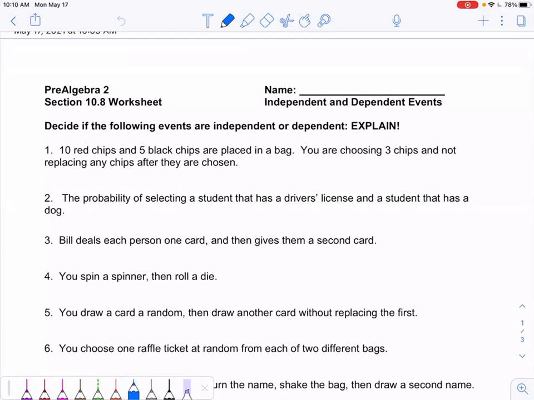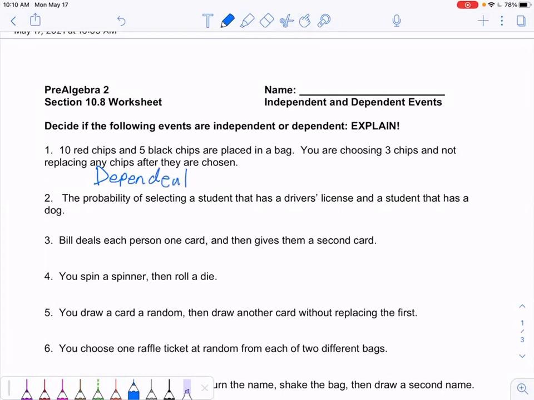You are choosing 3 chips and not replacing them after they're ordered. Would this be dependent or independent here, Emma, if you're not replacing them? Well, remember, if you have 15 and then you take one away, now there's only 14, right? So this would be dependent.